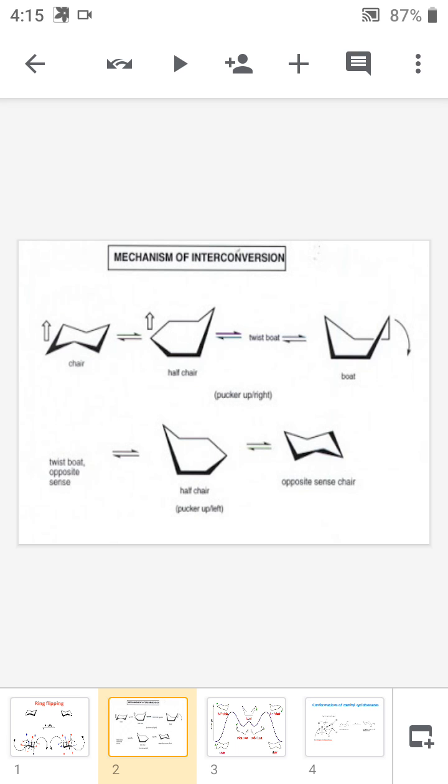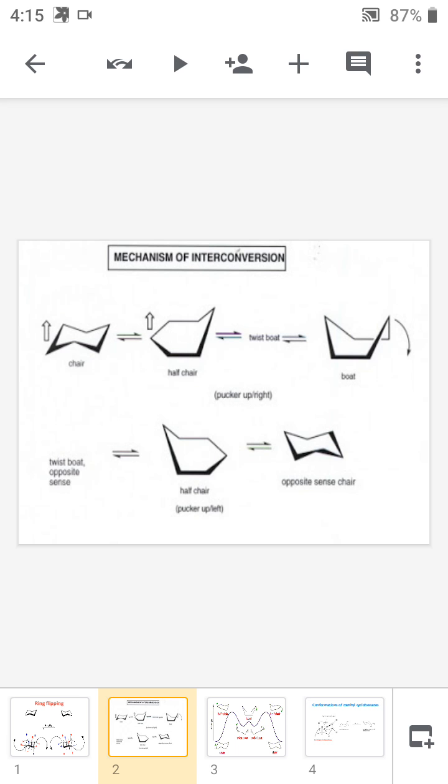and the ends of the half chair are very much closer when compared to the chair form, that's why it acquires torsion strain, and it also acquires steric strain. This half chair conformation is readily converted into the twisted boat.